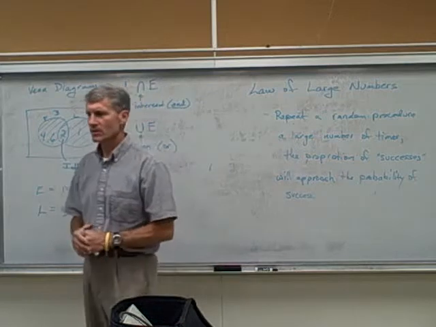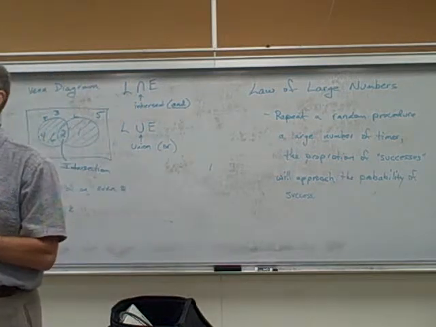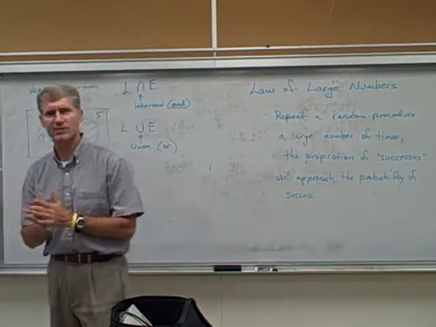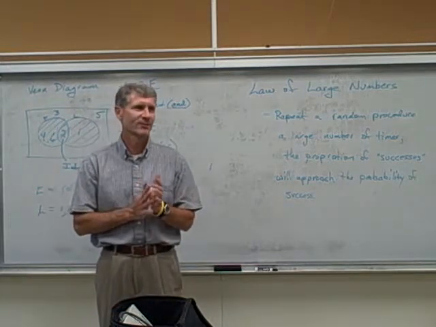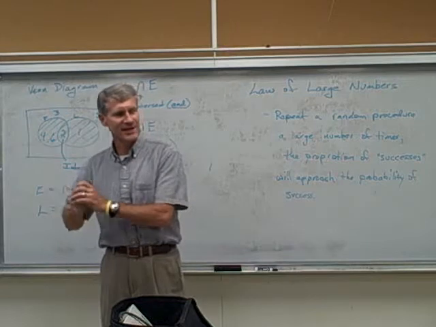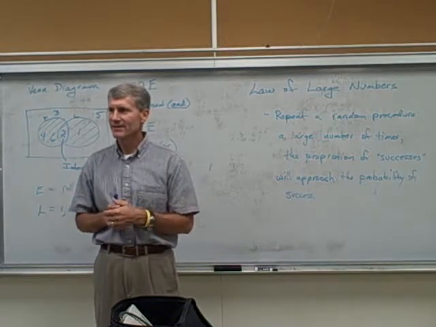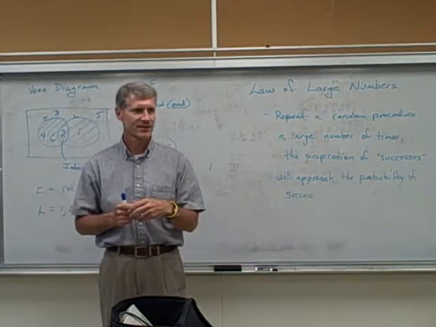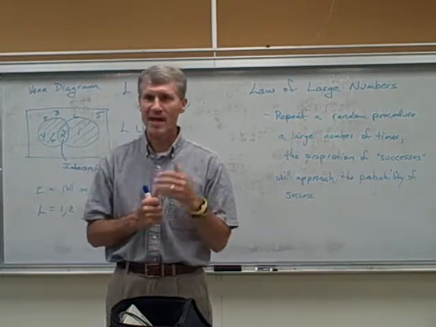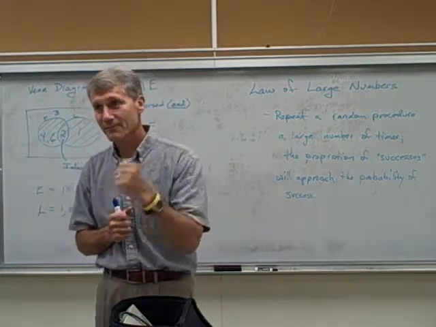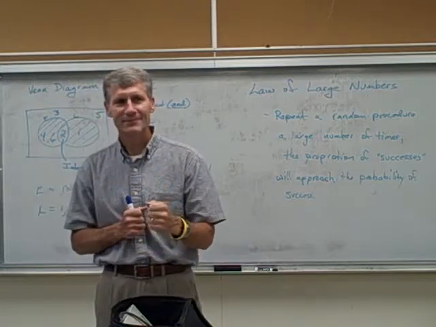Okay? Earlier today I used the example of batting average. Everybody know what batting average is? Some of you are shaking your head no, but it's just the number of times that you come up to bat and then how many hits you get. So if you come up to bat 4 times and you get 2 hits, you're batting 50%.